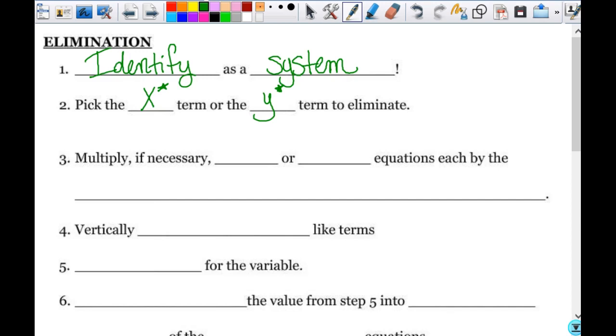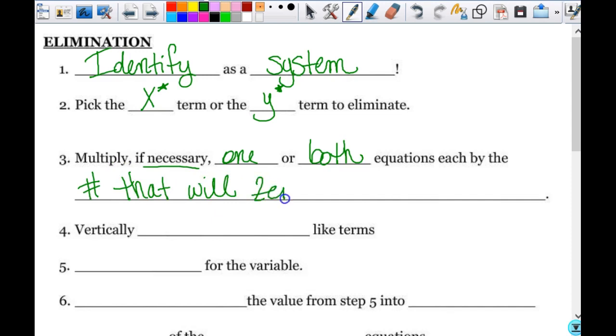Then you multiply, if necessary, sometimes you're lucky and it's not necessary, one or both equations, each by the number that will zero out the term. Good. You need to know how to do both because there are times where one is a lot easier than the other and vice versa, okay?